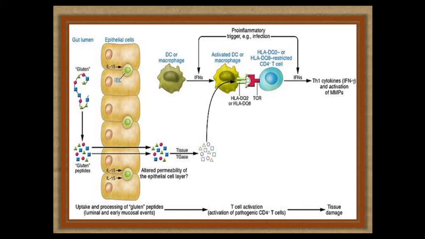Non-genetic factors linked to celiac disease include age at introduction of gluten and intestinal infection that produces gut hyperpermeability. So the autoimmune process initiated by the T helper cells will lead to more damage to the intestinal epithelium, and this will lead to intestinal infection, which will produce more gut hyperpermeability.